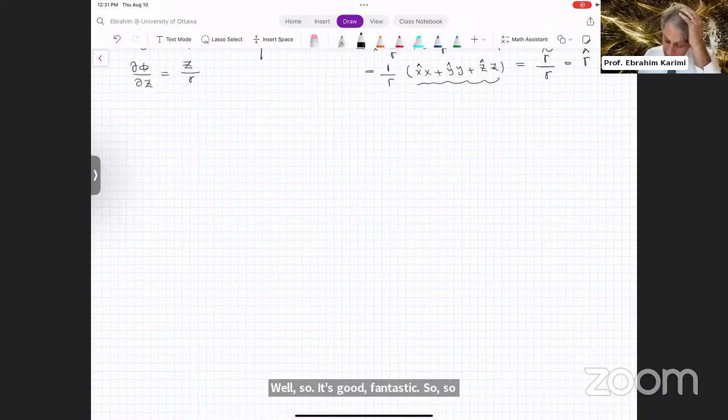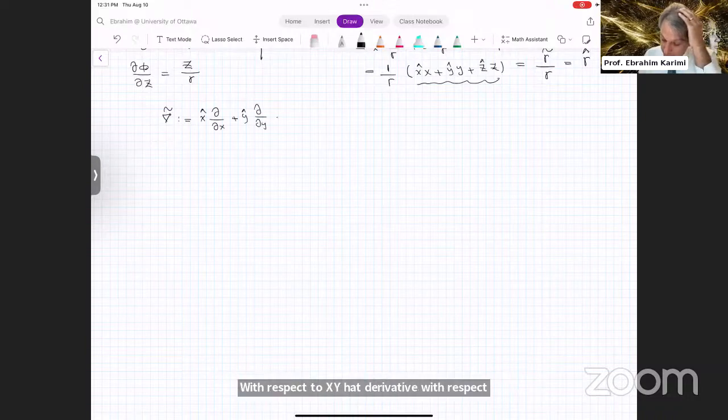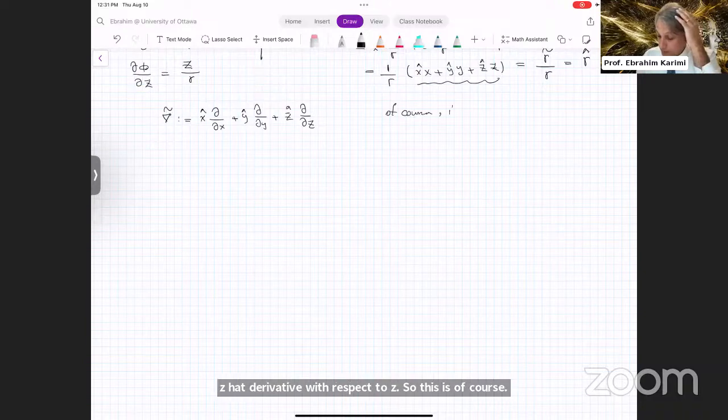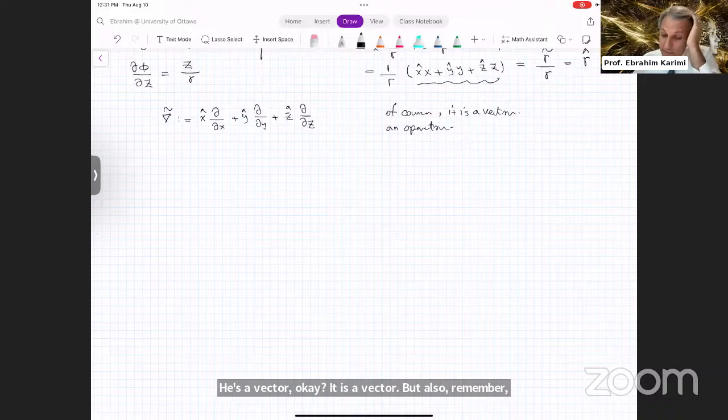So far, remember that this gradient, which I defined here, was x hat times the derivative with respect to x, plus y hat times the derivative with respect to y, plus z hat times the derivative with respect to z. So this is, of course, a vector, okay? It is a vector. But also remember that it's an operator. What does it mean?